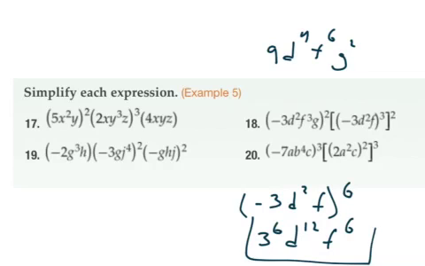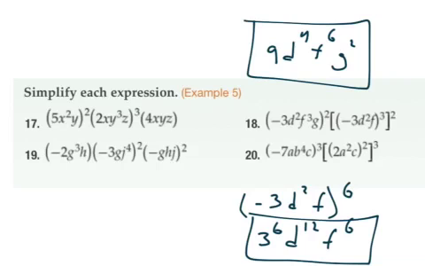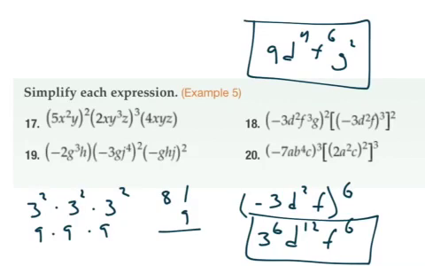So now I need to take this, and I need to take this, and I need to get them together. So if I calculate out what 3 to the 6th is, again, I'll think of that as 3 squared times 3 squared times 3 squared, which is 9 times 9 times 9. 9 times 9 is 81. 81 times 9, let's see, that's going to be 729.